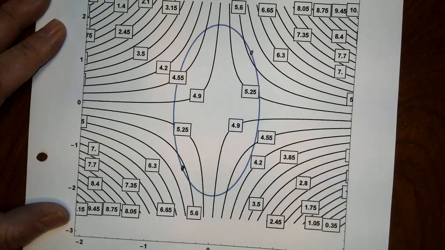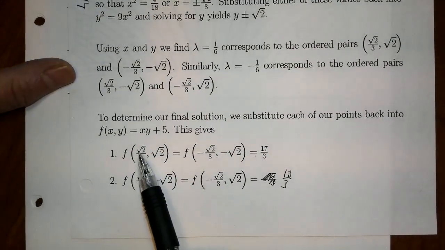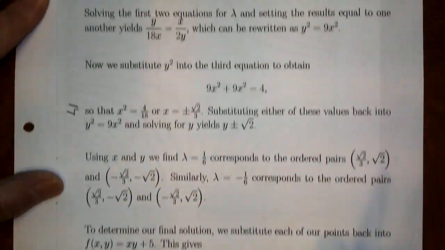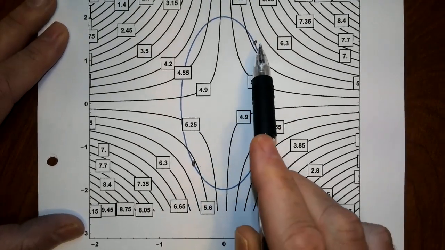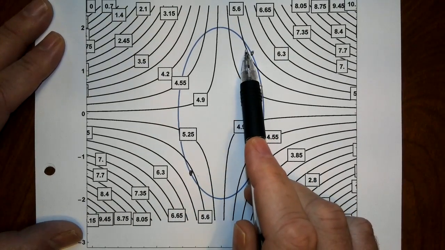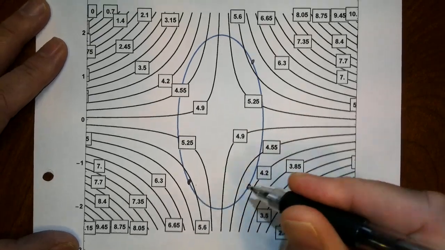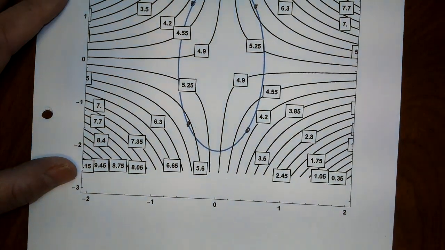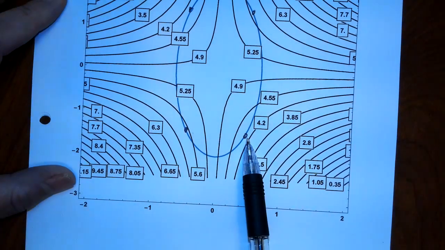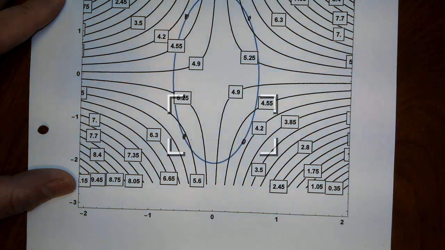So 2 of the points, this point and this point, they belong in the first and third quadrants. They both make f equal to 17/3. On the other hand, there's a point down here and a point up here where the gradient of f and the gradient of g are parallel. And here's where f is made as small as possible and equal to 13/3.